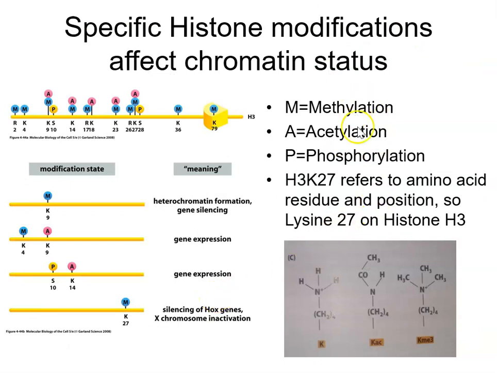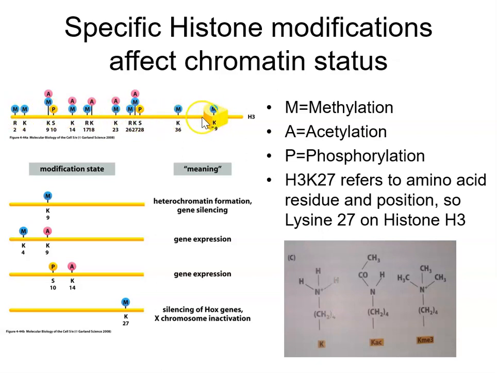And this is summarized here. Now this is all relating to histone H3. There are other histones, but histone H3 is the one that is modified the most. This little quadrant here represents the core of the histone, and then this represents the N-terminal tail that sticks out.